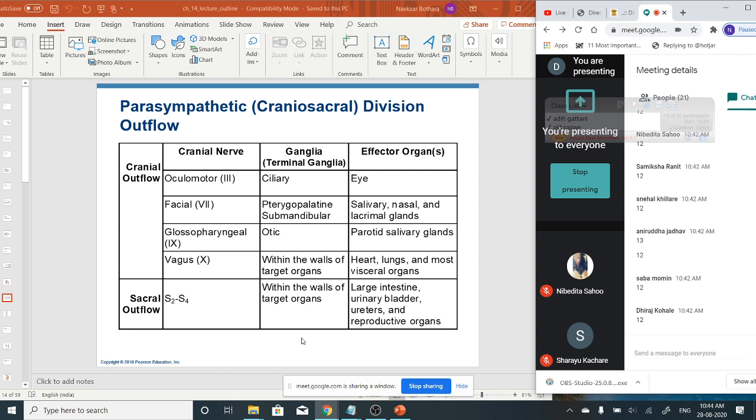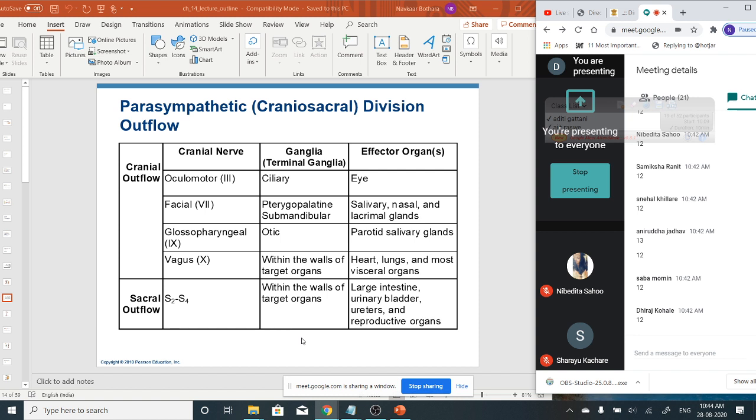The receptor may be present on the same tissue or on different tissue, on the same type of smooth muscle or a slightly different type of smooth muscle. So we should understand all these activities.